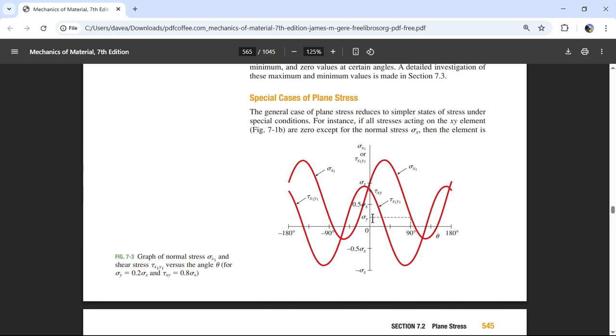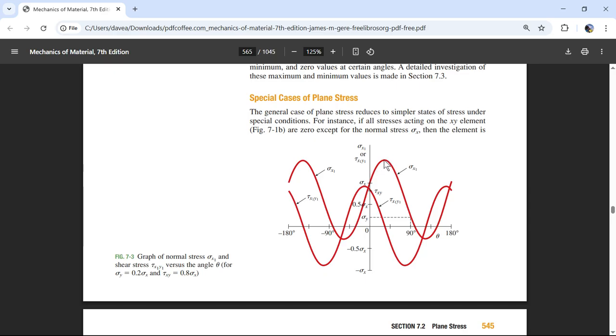And what they're showing is that you get a max normal stress, sigma x1, right here, and from here, I guess we're going to be talking about shear in a moment, hopefully not an hour, but at 45 degrees to this point.